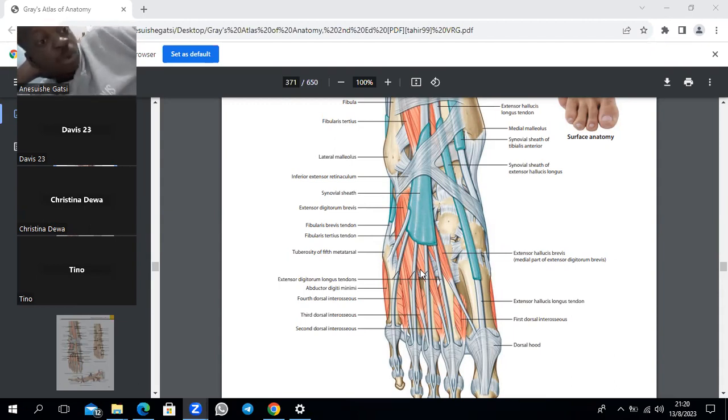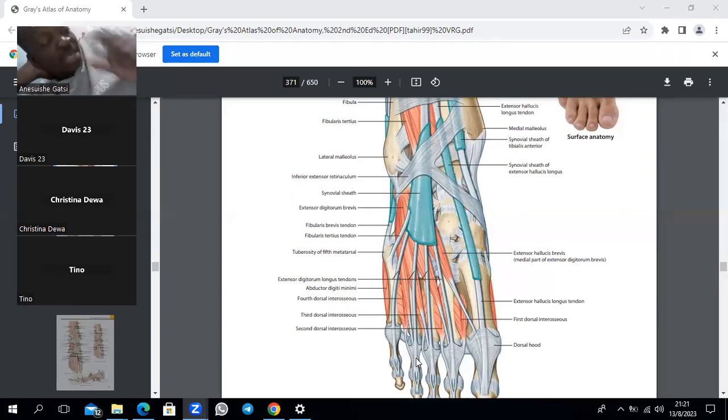So do you get it that we have extensor digitorum brevis? Maybe to make sense of things, the extensor digitorum longus inserts into the four small toes, but the extensor digitorum brevis inserts into the medial four toes, meaning the big toe and the three in the middle.